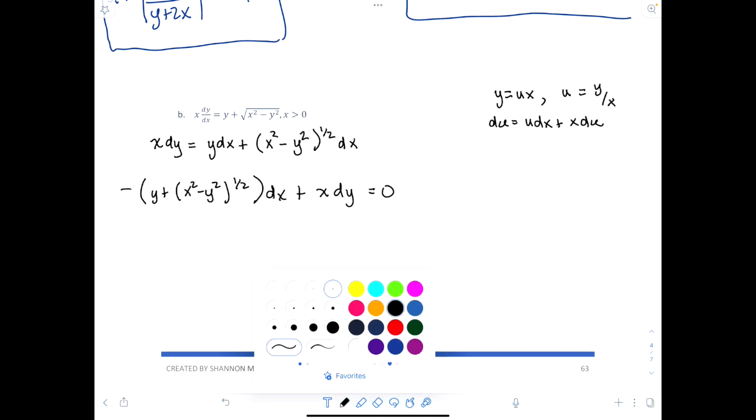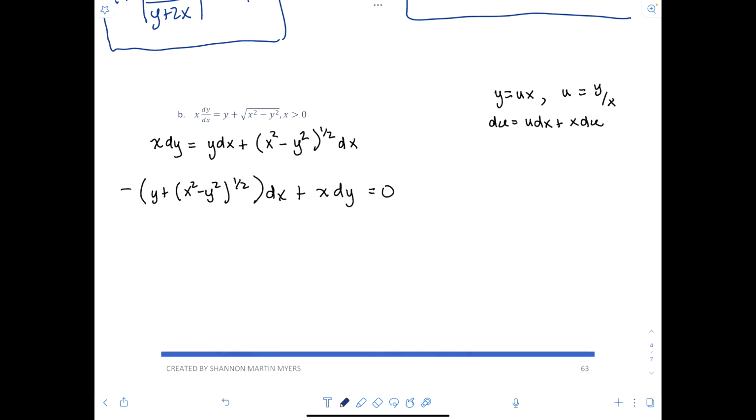And then starting to work this out with our substitutions, we will have negative ux plus x squared minus ux, the quantity squared, all of that times dx plus x times dy equals 0. So in for y, I put u times x. And actually, we need to do something else, right?